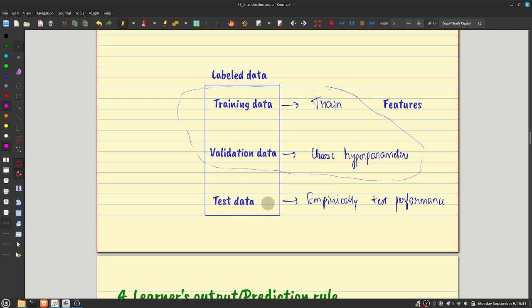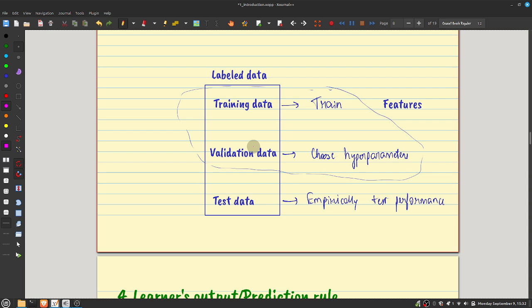The empirical average or the empirical loss that you compute over the test data, you consider this as an approximation of the generalization error that it can achieve. And that is why it is extremely important that you never take any decisions for the training algorithm based on what happens when you get the test data.